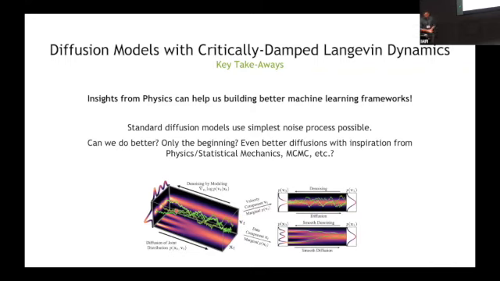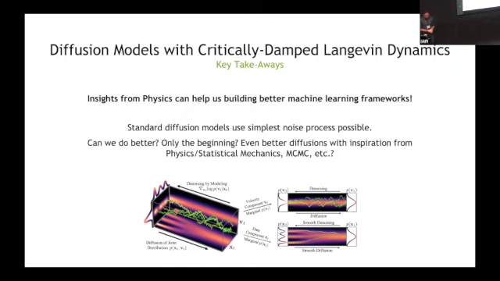In this particular case, standard diffusion models really just use the simplest noise process possible. If you look at it from the statistical mechanics perspective, you can do a lot. As I just explained, we did the simplest thing possible, I believe, just going from overdamped to underdamped Langevin dynamics. This already gave us rich behaviors and allowed us to develop some really interesting models.